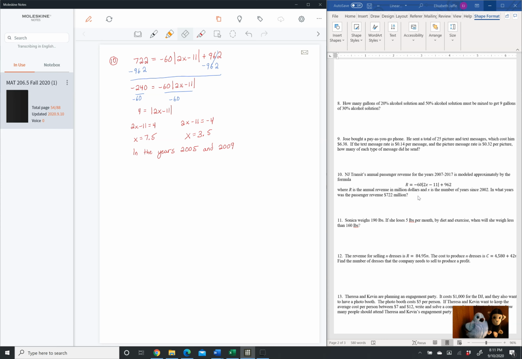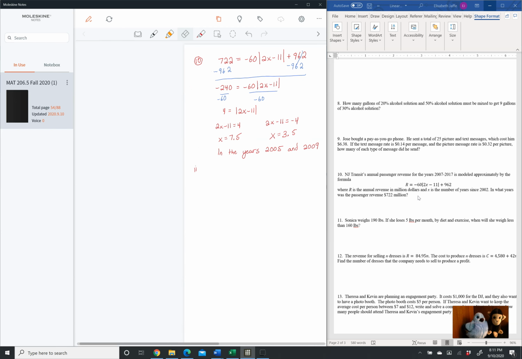Let's take a look at 11, and we'll take a look at 12 as well. So 11 says, Sonica weighs 190 pounds. If she loses 5 pounds a month by diet and exercise, when will she weigh less than 160 pounds? So this is linear, because we only have one variable, the weight. It's an inequality in this case because notice it says when will she weigh less than 160 pounds?